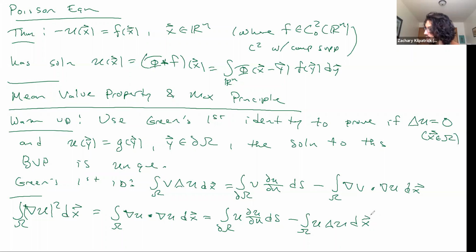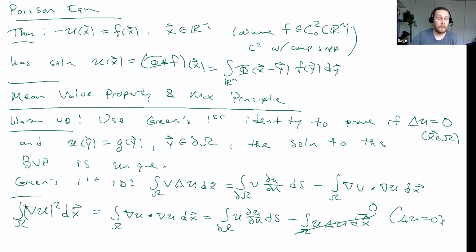Then in that second integral on the right, the Laplacian is 0, so that integral vanishes. And we're trying to solve the case where the boundary condition is 0, because that's what happens when you subtract two solutions.